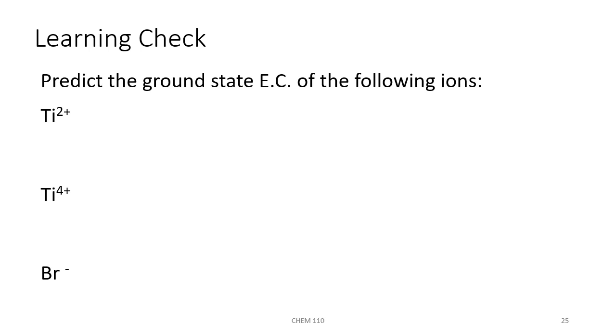Practice predicting the ground state electron configuration for the following ions. Whenever you're writing the configuration for an ion, I suggest writing the neutral electron configuration first. So before we write the configuration for titanium 2+ and for titanium 4+, let's just write the configuration for neutral titanium. We can use the shorthand notation to make this easier.